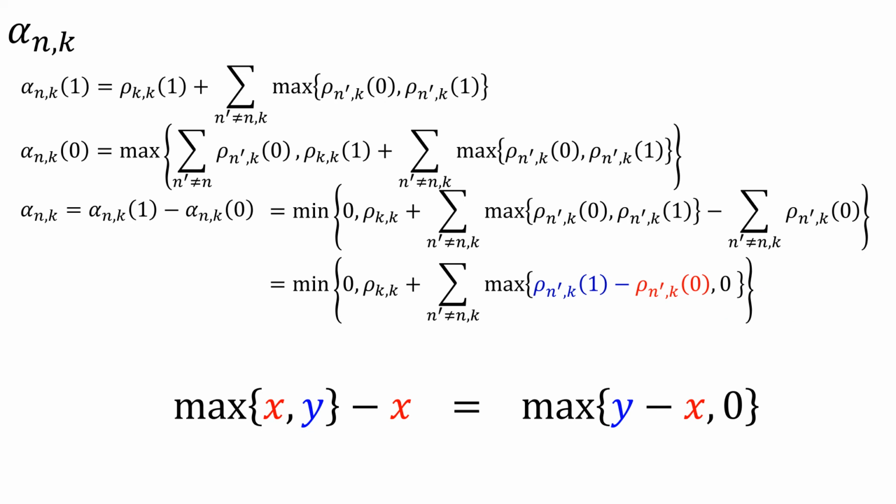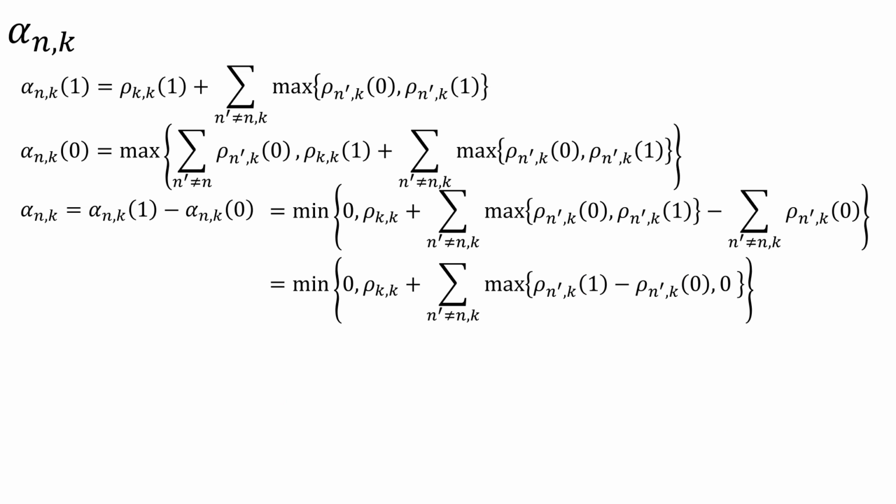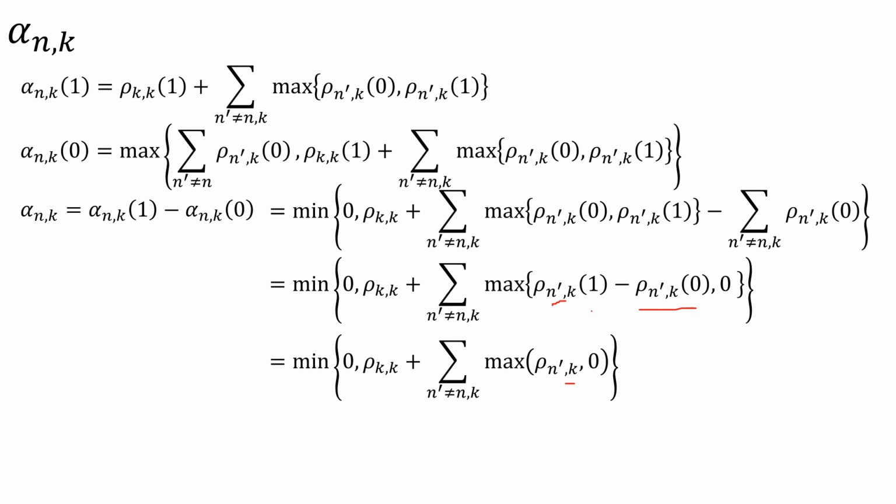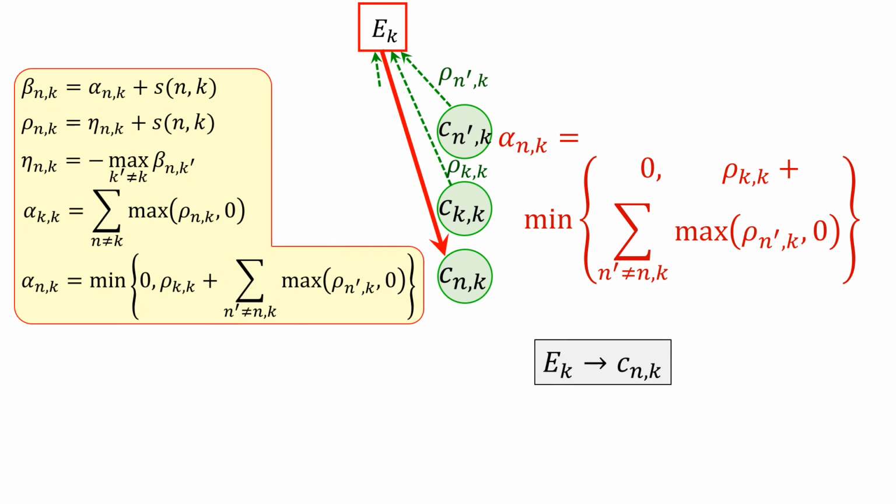We get this, max of y minus x comma 0, which is this, which is equal to this expression here, because rho nk1 minus rho nk0 is simply rho nk. I should have said rho n prime k. And it's got its usual interpretation. So this is the expression for alpha nk.